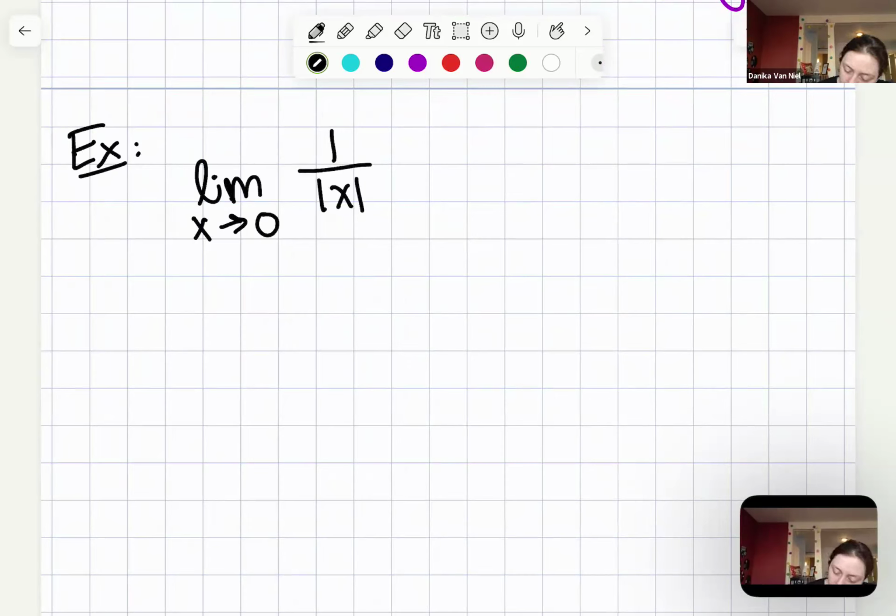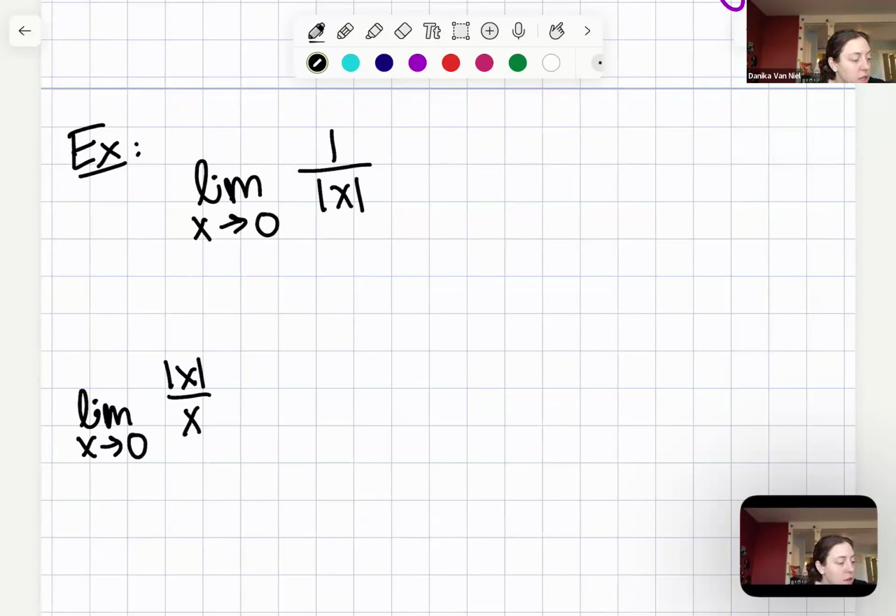I also want to do the limit as x approaches 0 of absolute value of x divided by x. And that's it.